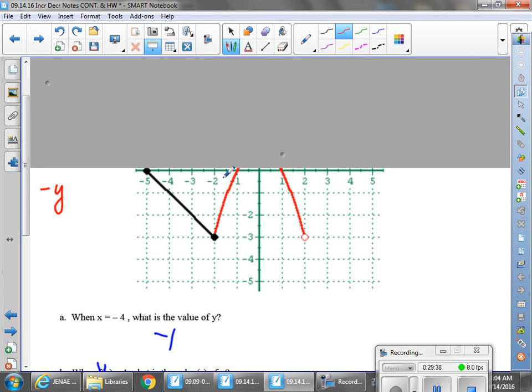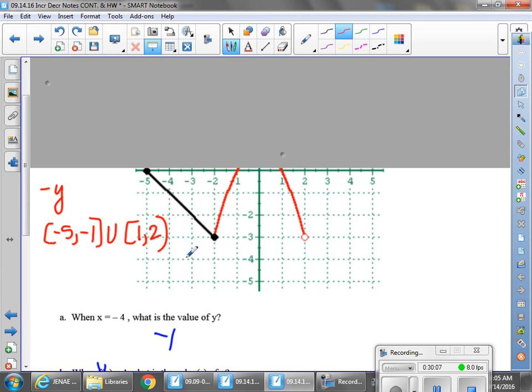So I just need to know what is this interval from here to here. From here to here. And I got one more, and that would be bracket 1, 2, parenthesis. Very good.